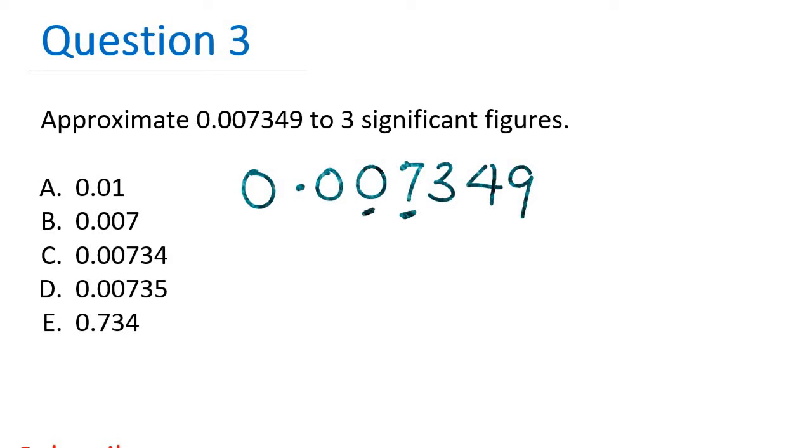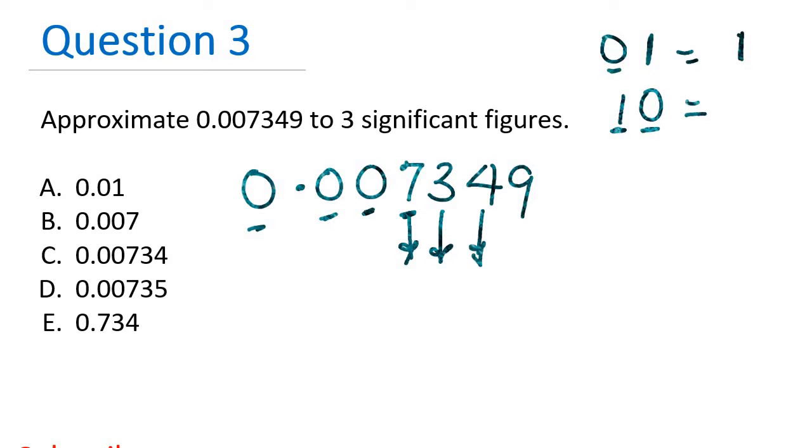These zeros are negligible, they mean nothing. 0 will only have value if a non-zero digit comes before it. For example, 0 1, this 0 means nothing, your answer is 1. But 1 0, this non-zero digit 1 will give this 0 value, that is why your answer is 10. Of course, you know the value of 10. So the first significant figure here is 7. This is the second. This is the third. The question says approximate to 3 significant figures.